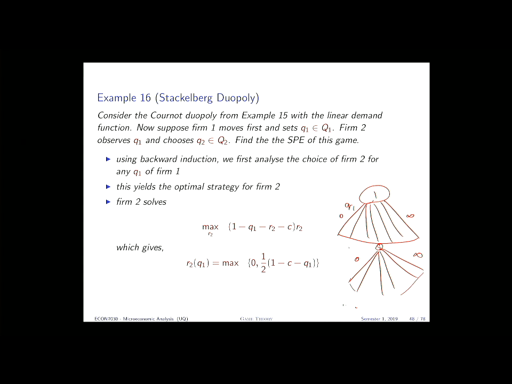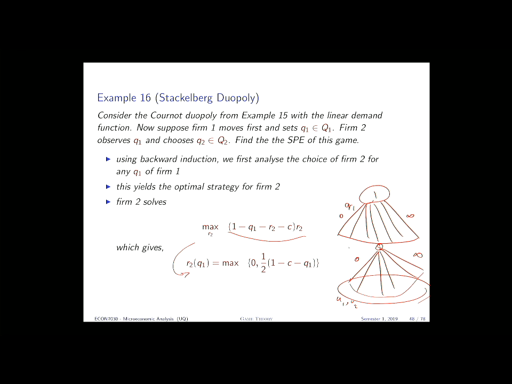Suppose we are here, and now we want to see the best response of firm 2. How do we do that? We first find the best response of firm 2, as we did for the previous example, by simply solving the maximization problem and getting this reaction function.